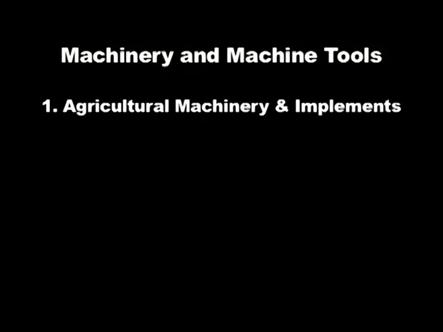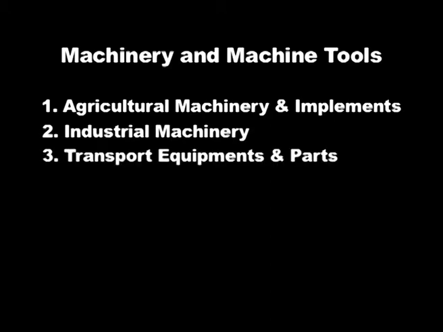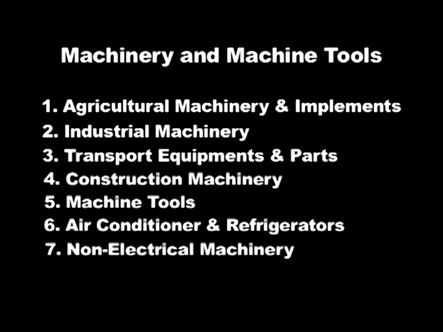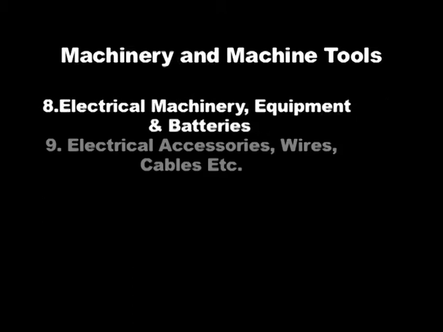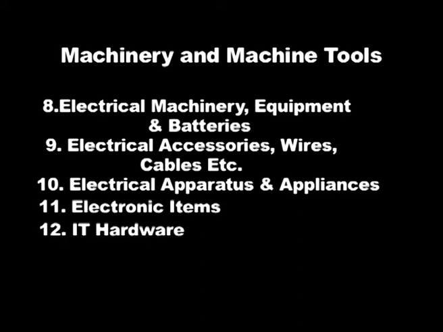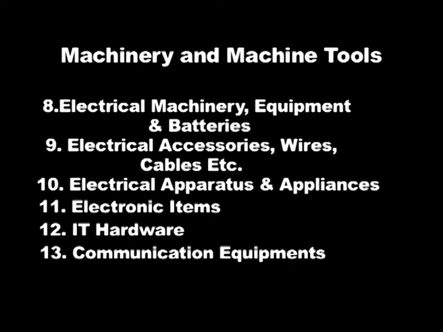The categories of machines and machine tools are agricultural machinery and implements, industrial machinery, transport equipments and parts, construction machinery, machine tools, air conditioner and refrigerators, non-electrical machinery, electrical machinery, equipment and batteries, electrical accessories, wires, cables, etc., electrical apparatus and appliances, electronics items, IT hardware and communication equipments.